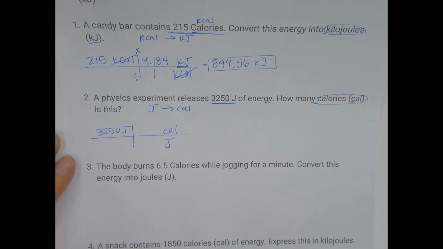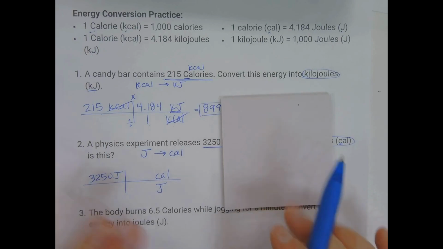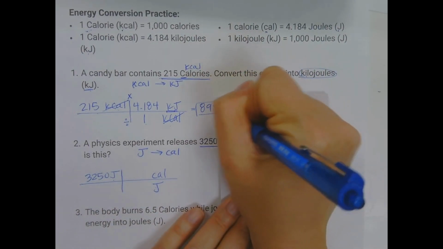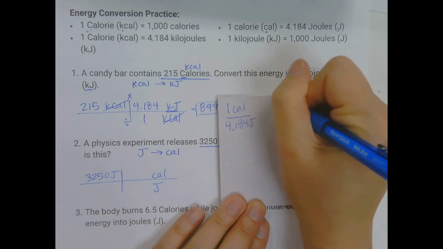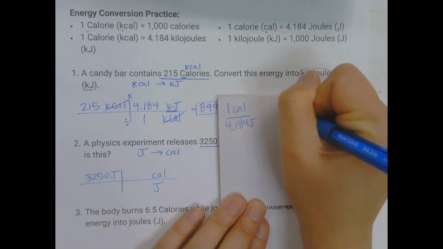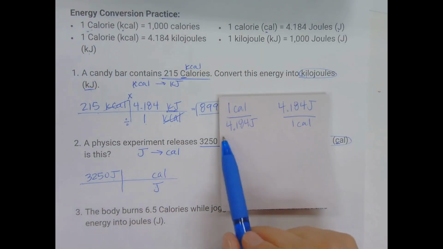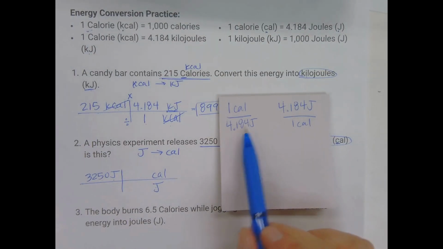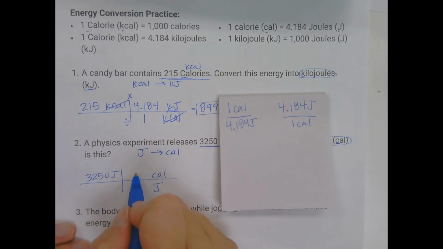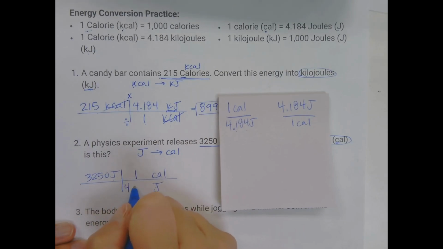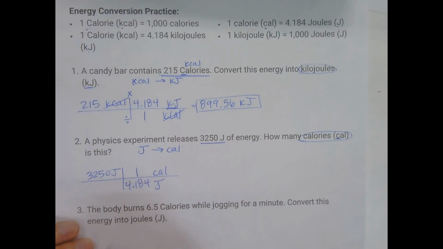And just like before, I can think about this conversion as a ratio where 1 calorie is 4.184 joules, or 4.184 joules is 1 calorie. So I'm just going to choose whatever expression of this ratio that matches my units. So I'm going to pick this one on the left because the units match. So 1 calorie for every 4.184 joules.